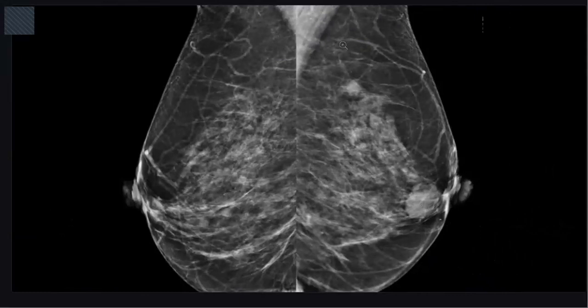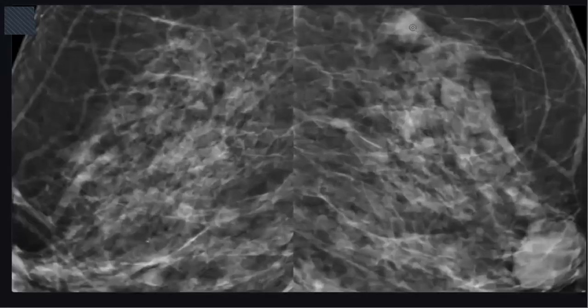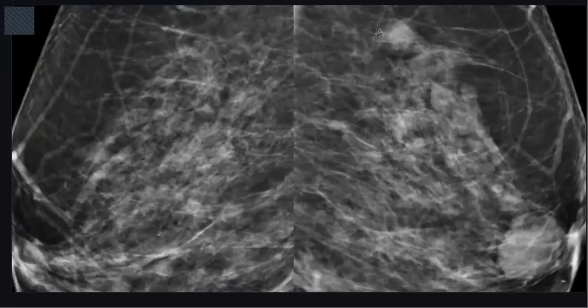Okay. There is another smaller lesion. If you zoom in, you can see it is well defined also. No associated calcification, no spiculation, and you can see the vessels go through it with no parenchymal distortion.